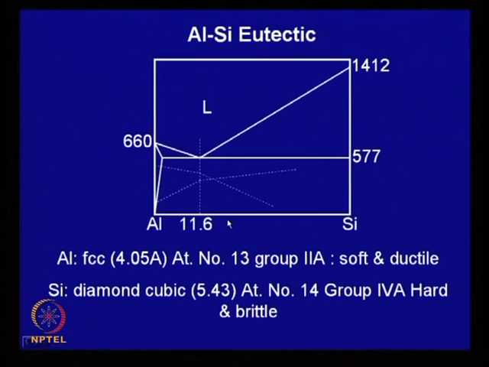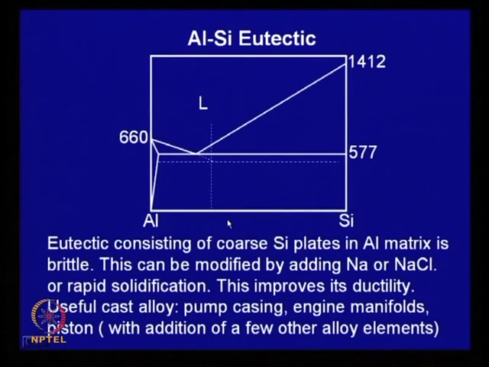This is where some tricks are played. If you add something additionally or if you cool rapidly, then it is possible to change the structure of the eutectic, and this process is called modification.